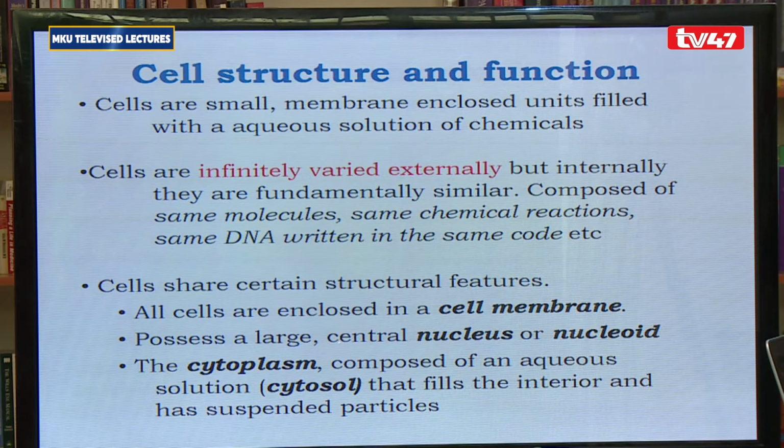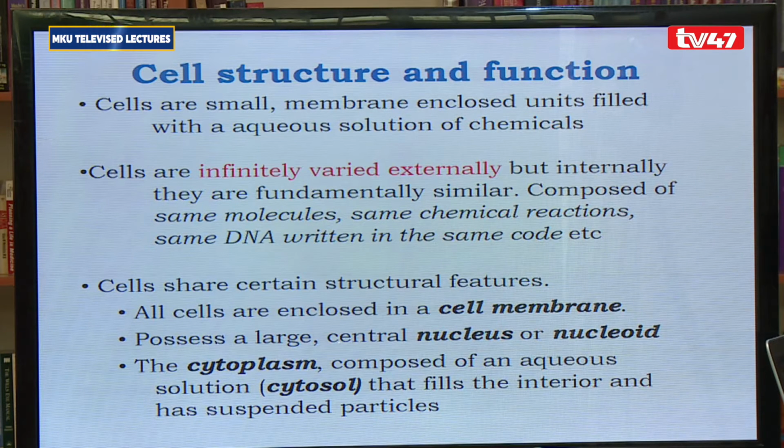Look at it from this point that we have buildings. Buildings are of different designs, but the stone buildings are all made of stones. But the stones are arranged in different packages to get different types of buildings. The same way we have DNA, which makes the genetic information, but it's packaged differently in different cells.